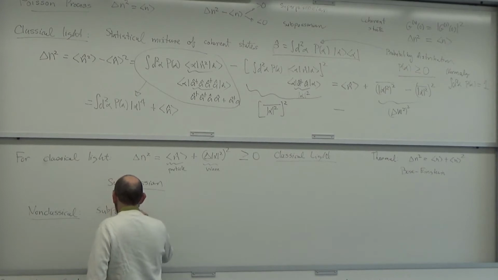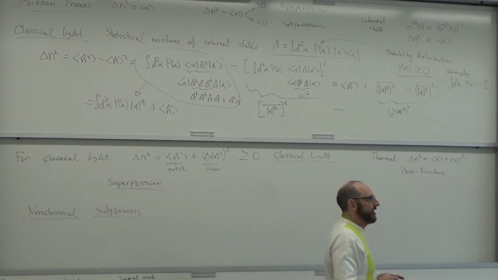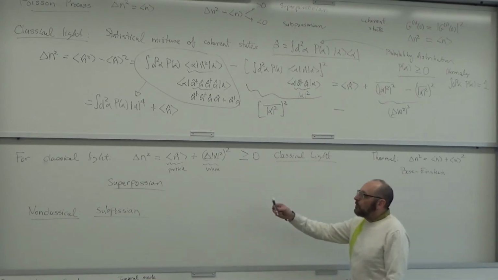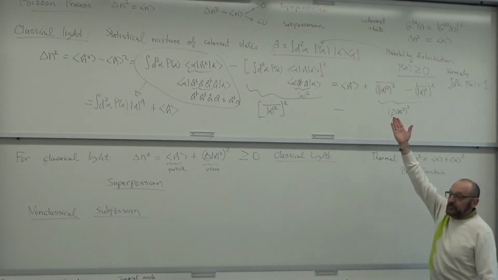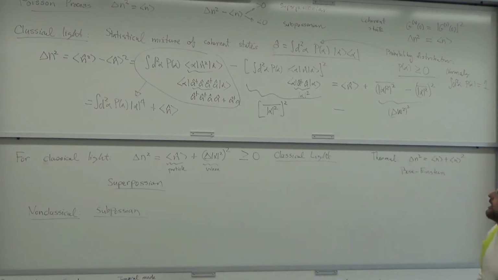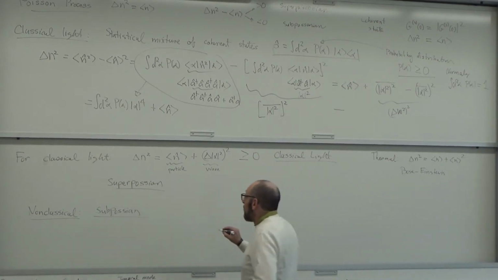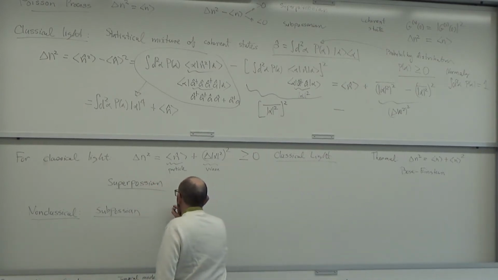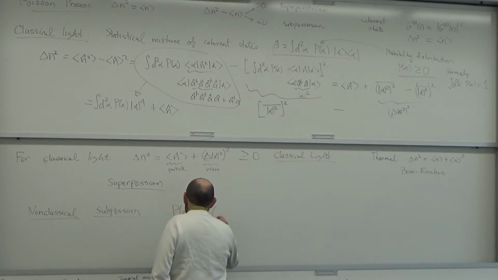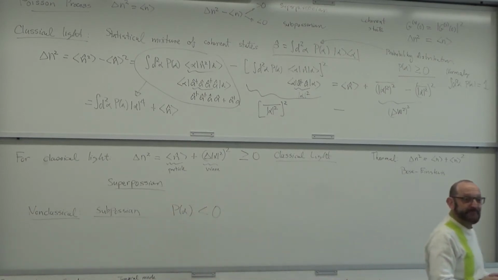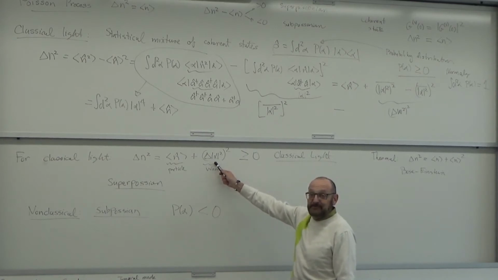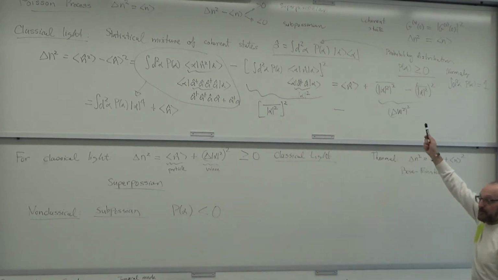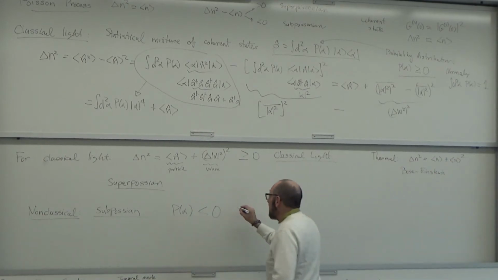There's no way to explain fluctuations in the photon number that are below Poissonian through the classical statistical theory. Said another way, in order for this to be true, this function has to be negative in some way. If that were true, then this could be a negative number, if I have a negative probability distribution. Of course, this is not a probability distribution.